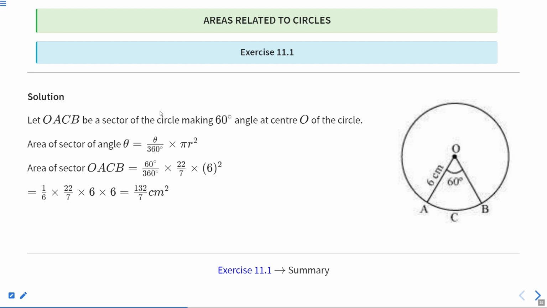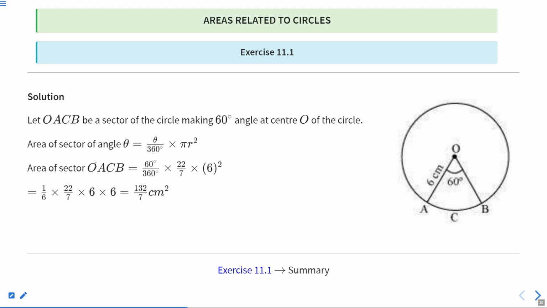Let OACB be a sector of the circle making a 60 degree angle at the center O of the circle. This angle is 60 and the radius OA is equal to 6 centimeter. The area of the sector of angle theta is theta by 360 degree into pi r square.